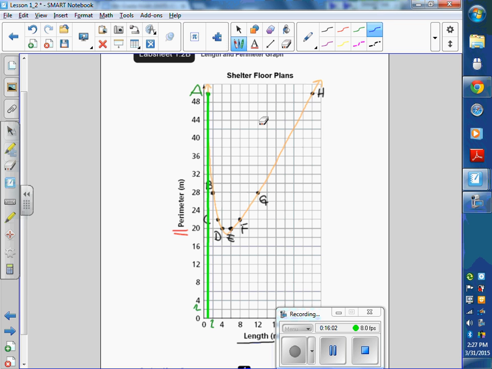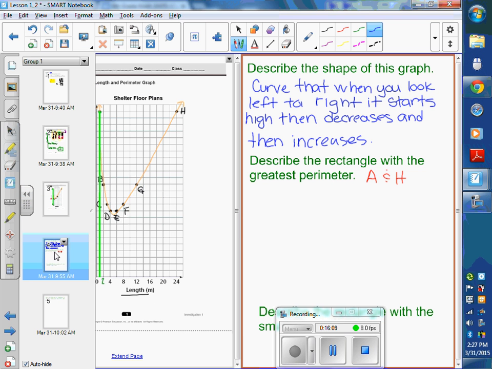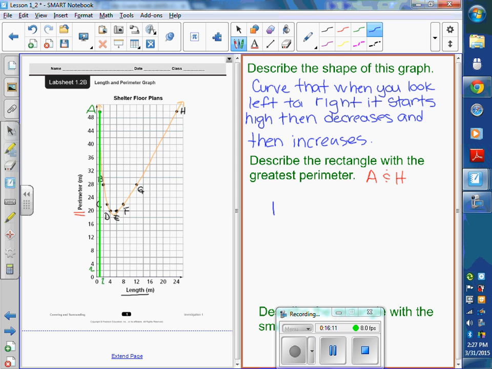So if it is a perimeter of 50 and a length of 1, and you didn't do that exercise, you should still be able to figure out the missing side. Because you know the perimeter is 50. You have to do what, Courtney? You can minus the 1 on each side.